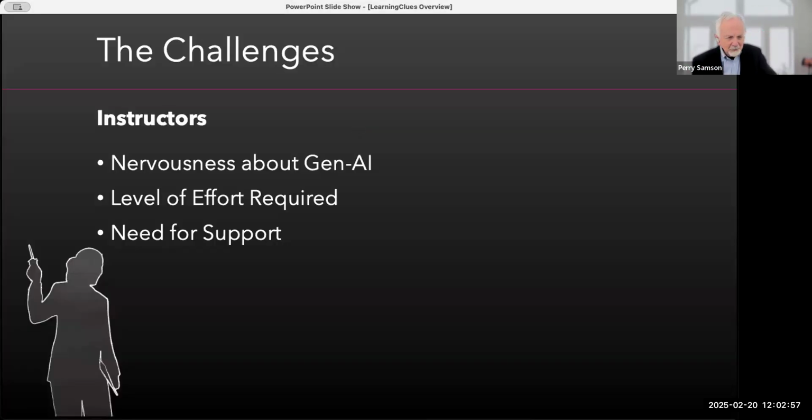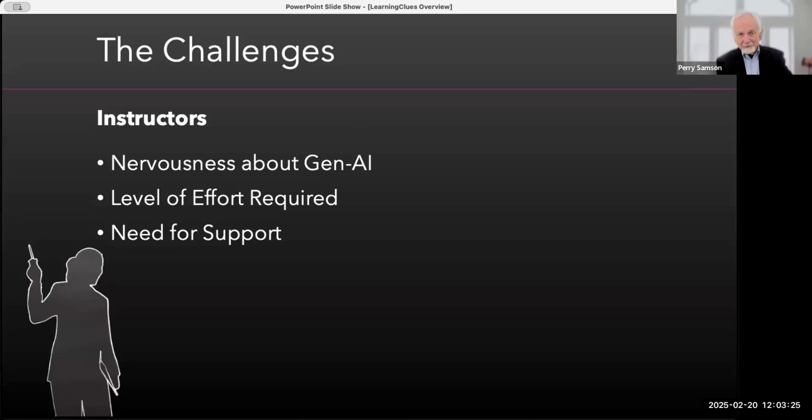And the challenge we have is that your faculty are nervous about generative AI. It's this new system. It looks like a lot of work. And there isn't necessarily sufficient support yet on your journey to try to understand how you might use it in the classroom.